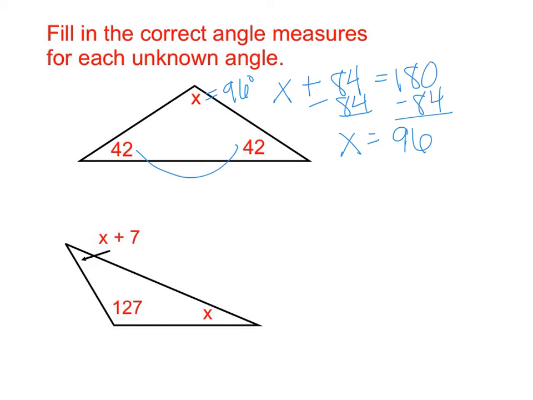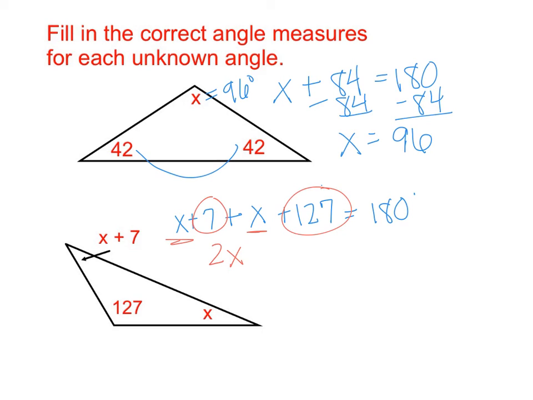Let's look at the second picture. We have three angles. We have an angle that's x plus 7, plus we have an angle that's just x, plus we have an angle that's 127 degrees. And together, all three of those must equal 180 degrees. So let's combine our like terms. We have two x's, and then we have 7 and 127, which is 134, equals 180.